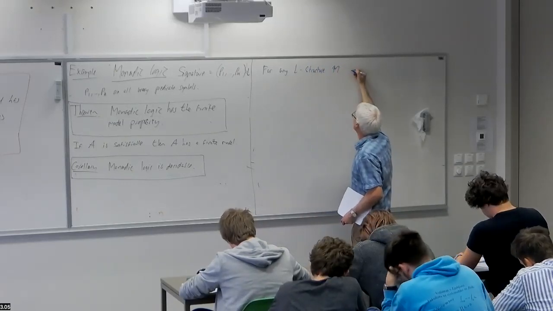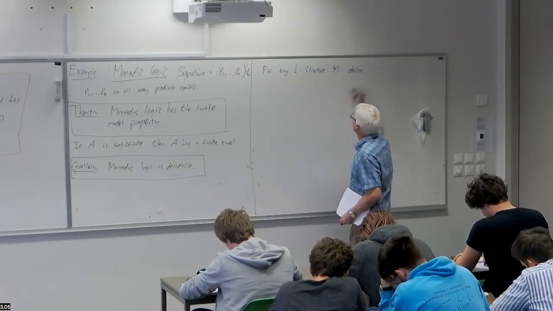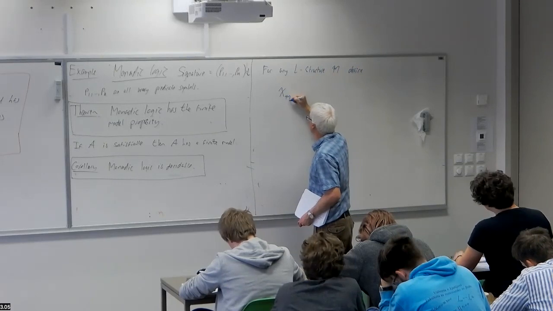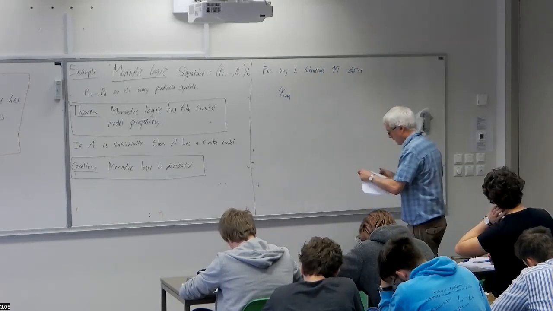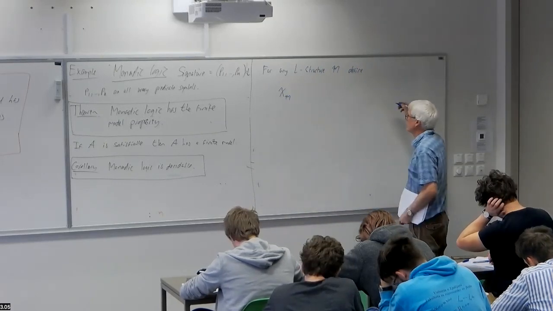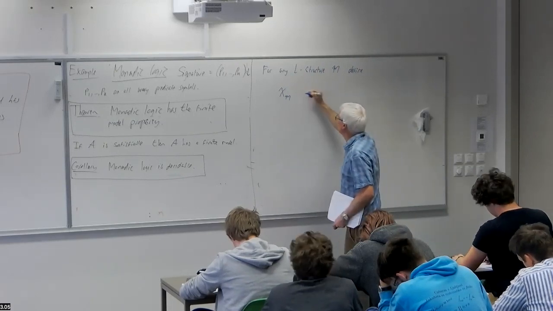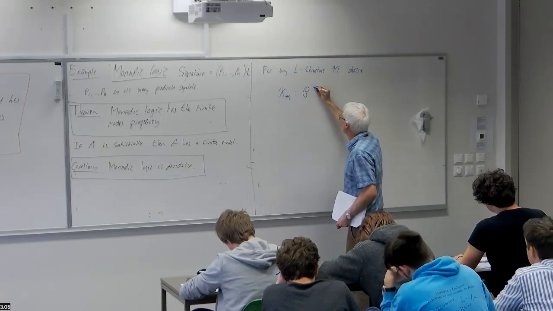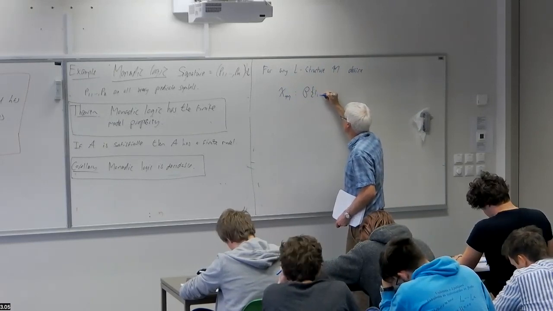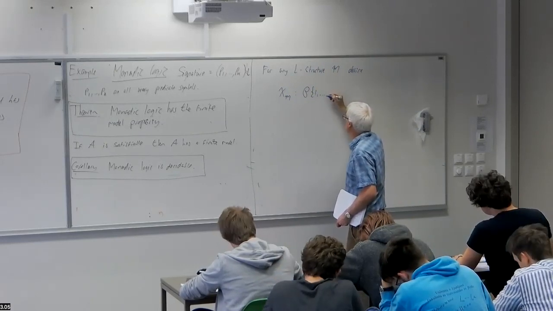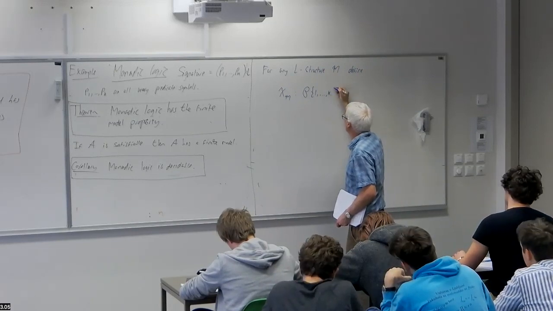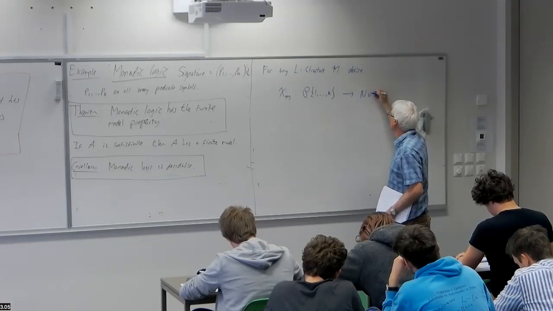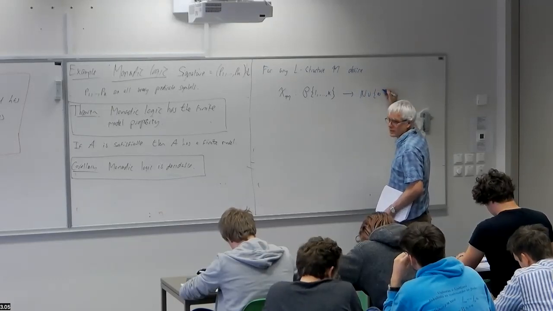what I'm going to call the characteristic function of M. And this is going to be a function from the power set of the indices of the k predicate symbols, so from 1 to k, to the natural numbers together with infinity.